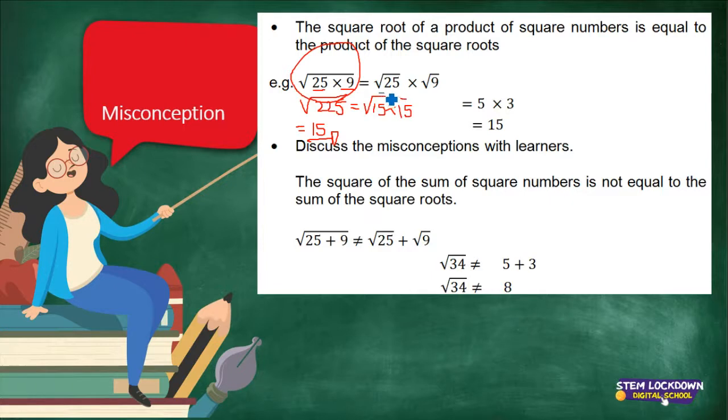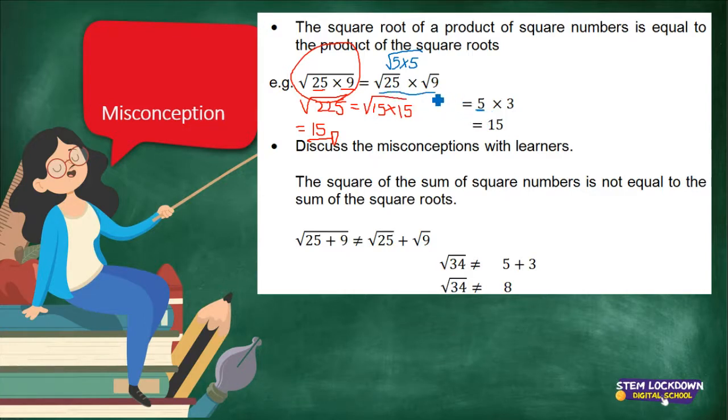Now I'm looking at this side. The square root of a product, the square root of 25 times 9, can be written as the square root of 25 times the square root of 9. What is the square root of 25? To get 25, I multiplied 5 by itself once, 5 times 5, so the square root of 25 is 5.